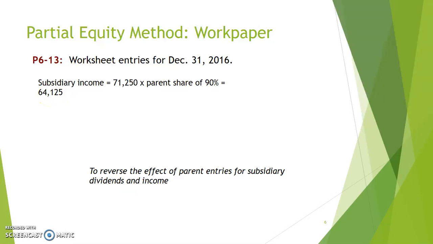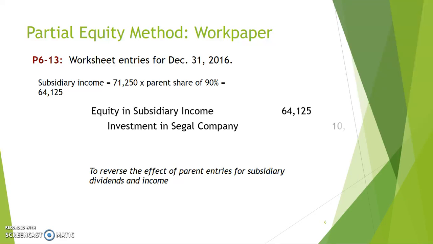Now our first job is we have to reverse the effect of the parent's entries for the subsidiary's dividends and income. In doing so, we would debit the equity in subsidiary income with $64,125. We would credit the investment account with $10,125 and dividends declared $54,000.